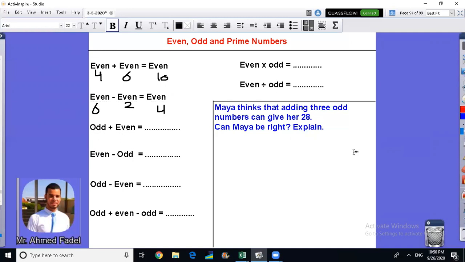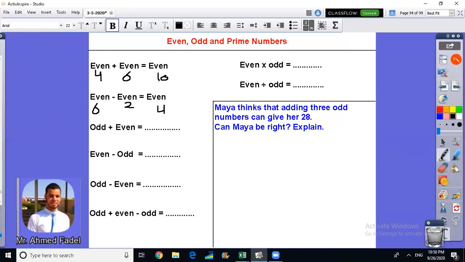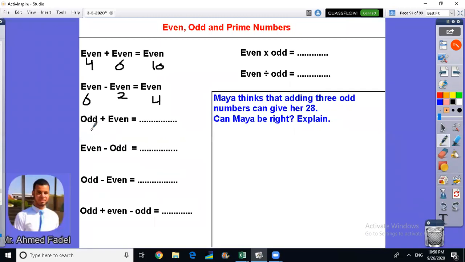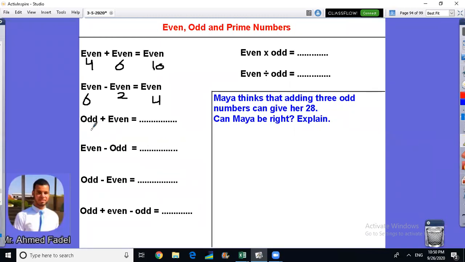The thing here, it says odd plus even is what? Let's try this. Guys, you can always pause the video, think about the answer, come back, and see if the answer is correct or not. Odd plus even. I'm going to think here, any odd number in the world. The 4 and the 6 and the 2 that I put is any even number.